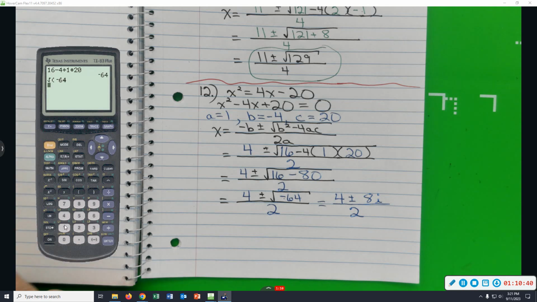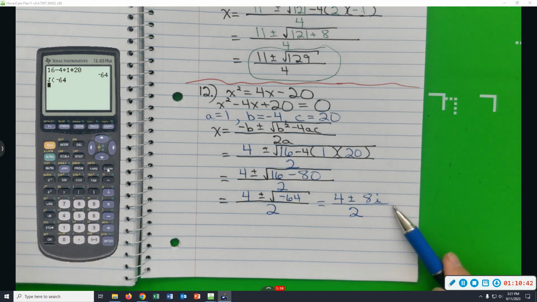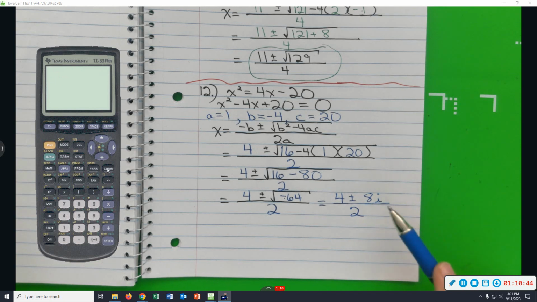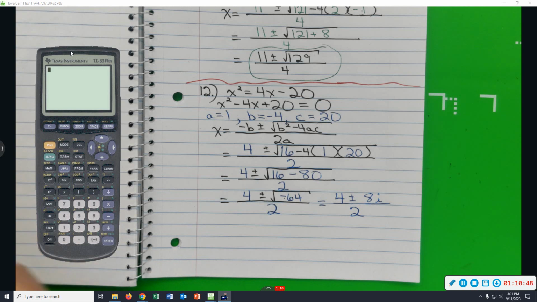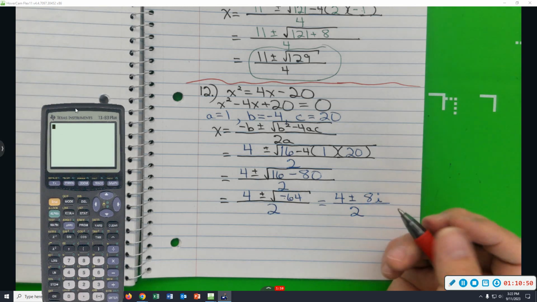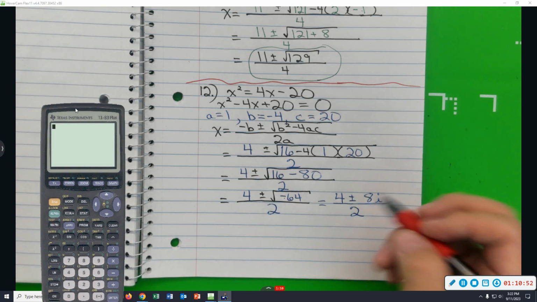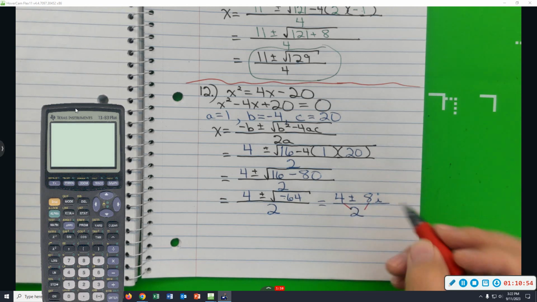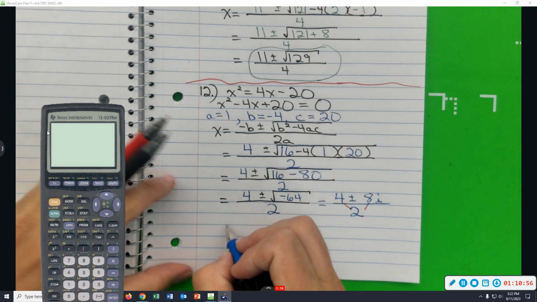What can I do now? Is this the answer I want to type in? There's an i on top, so what will I do? Okay, so I'm going to separate. In this case, if you factored and canceled, you'd still get the same answer, but that isn't always the case.